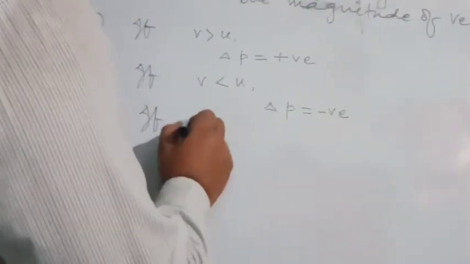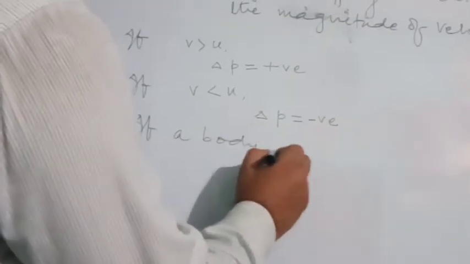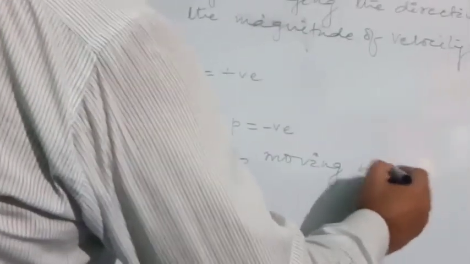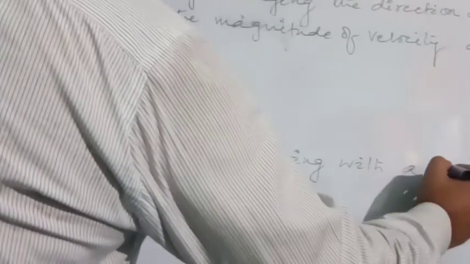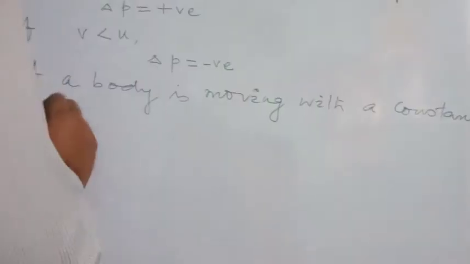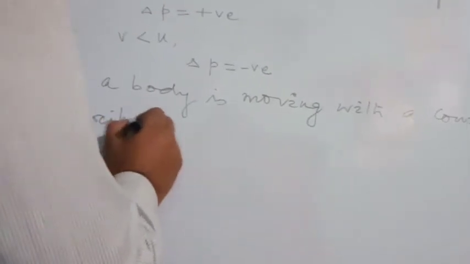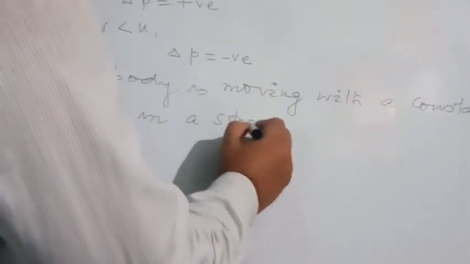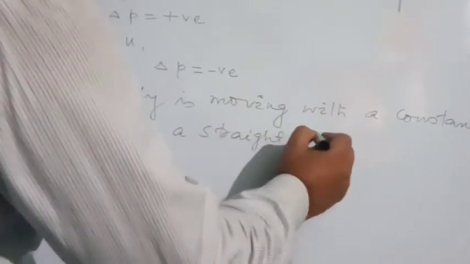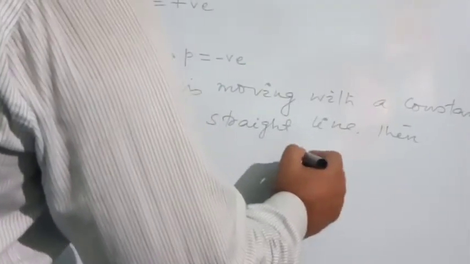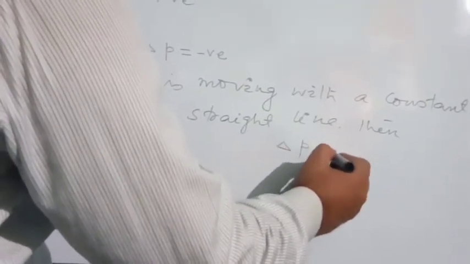If a body is moving with a constant velocity in a straight line, then the change in momentum is zero.